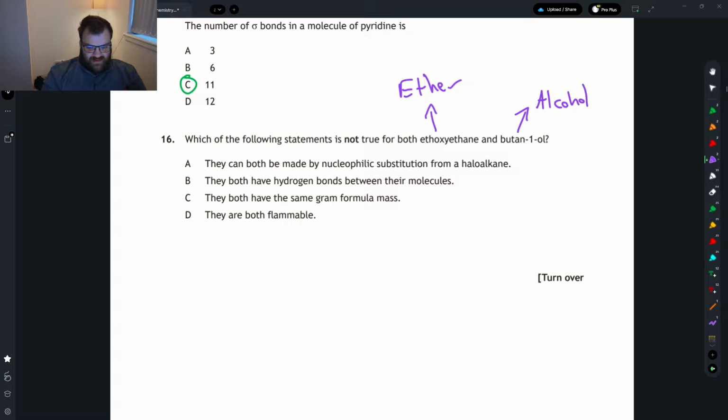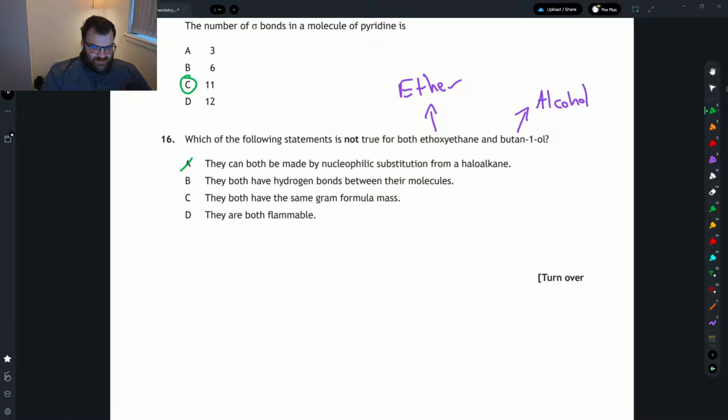So if we have our chemical with our halogen, if we replace that with an alkoxide reagent, we would make our ether with the oxygen trapped between two carbons. If we used something like sodium hydroxide, that would be replacing the X with an OH. So they are both possible. So A is true, not our answer.